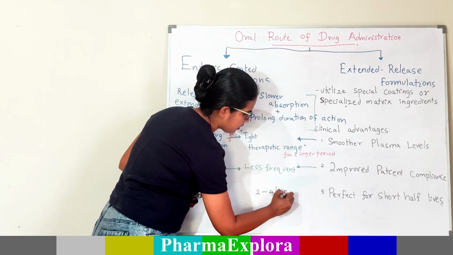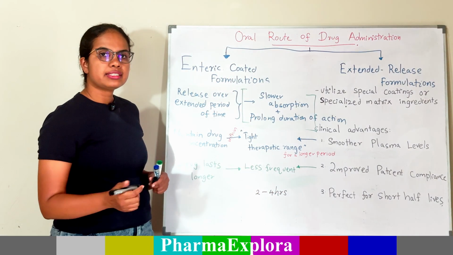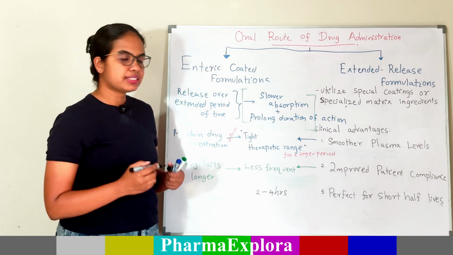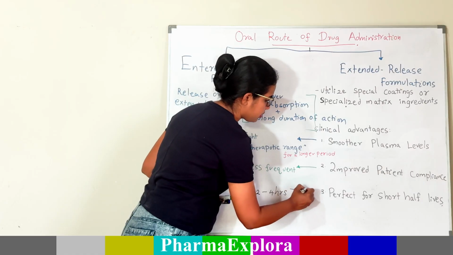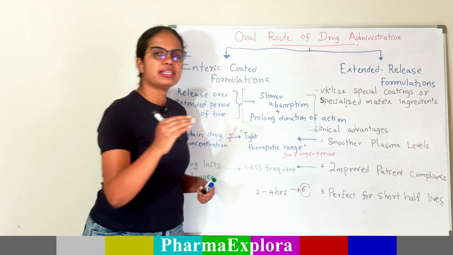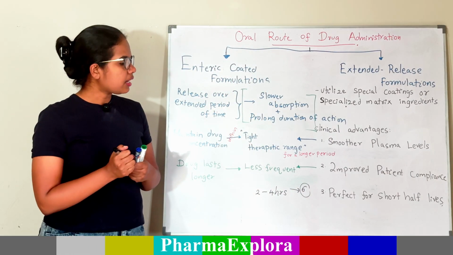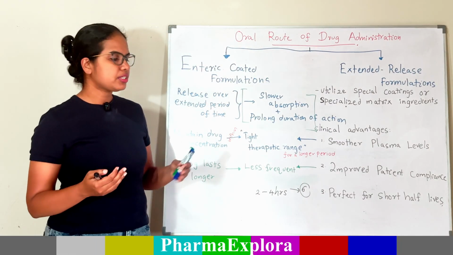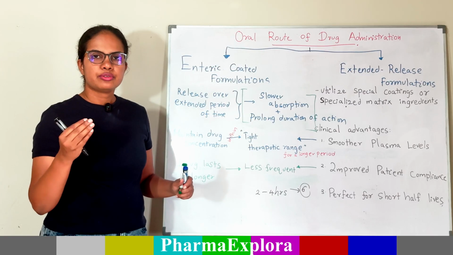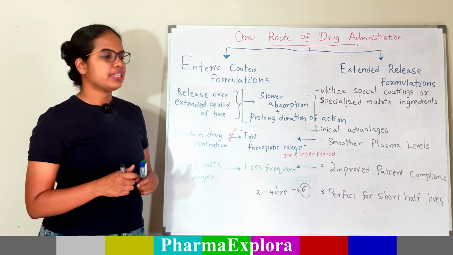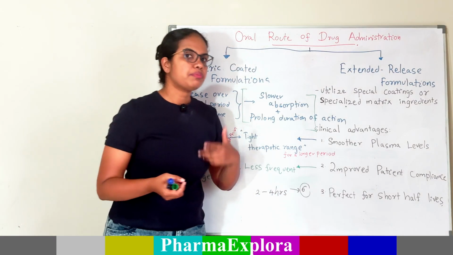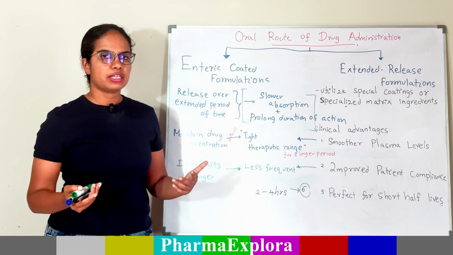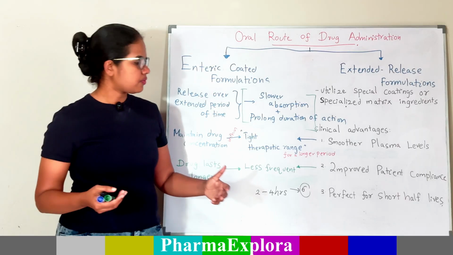That means you have to take it about 6 times a day to maintain the therapeutic range. But scientists have developed an extended release formulation of morphine, so that you need to take it only twice a day, so patient compliance will be very high, and it's also very convenient.